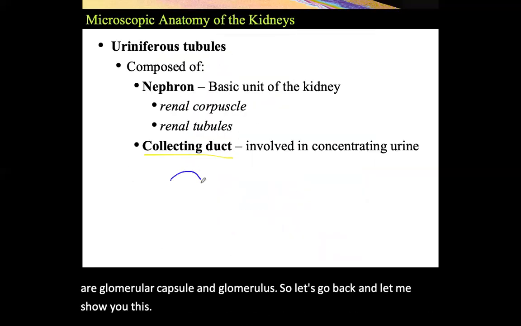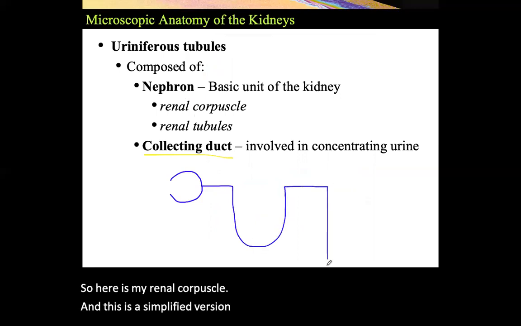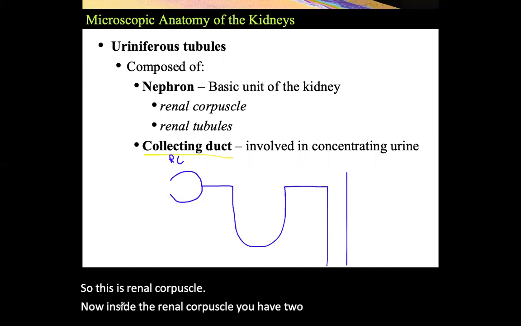So let's go back and let me show you this. So here is my renal corpuscle. And this is a simplified version of what we're describing there. So this is renal corpuscle. Now, inside the renal corpuscle, you have two things.